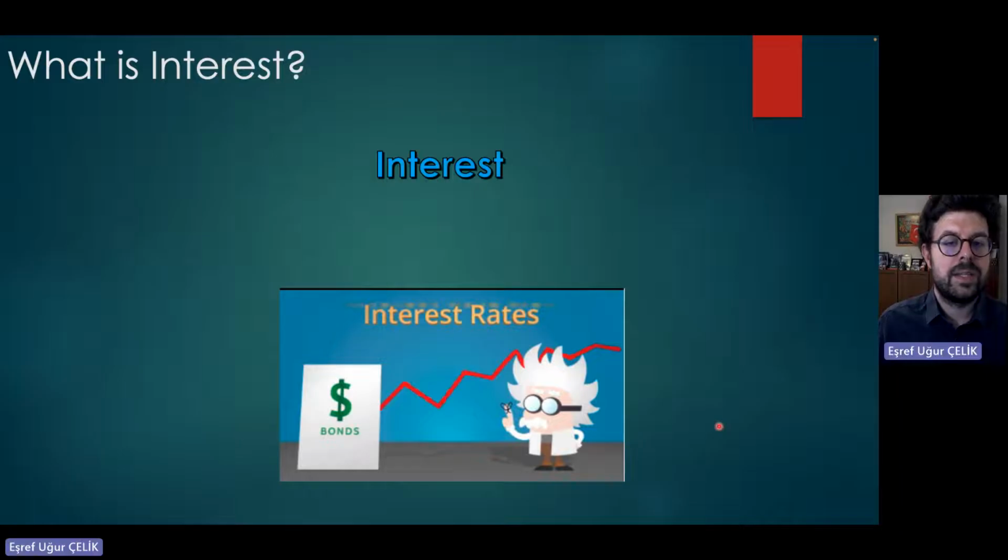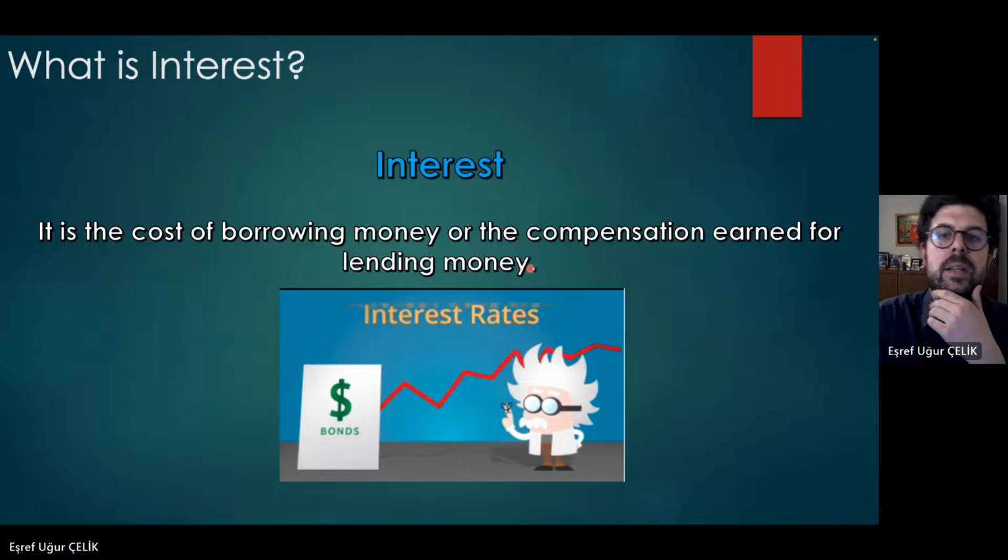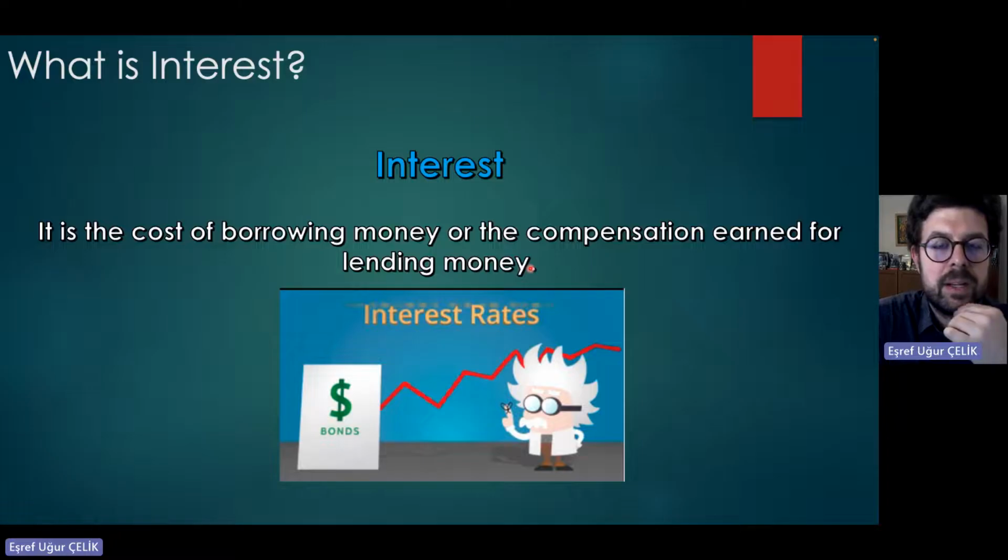Okay, let's try to understand the real definition of interest. In Turkish, that is faiz. Interest is the cost of borrowing money or compensation earned from lending money. I think most of you use the bank, most of you have a bank account.